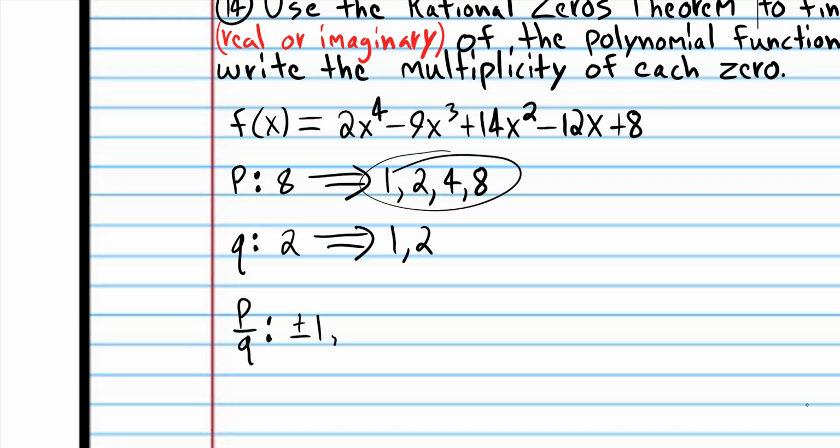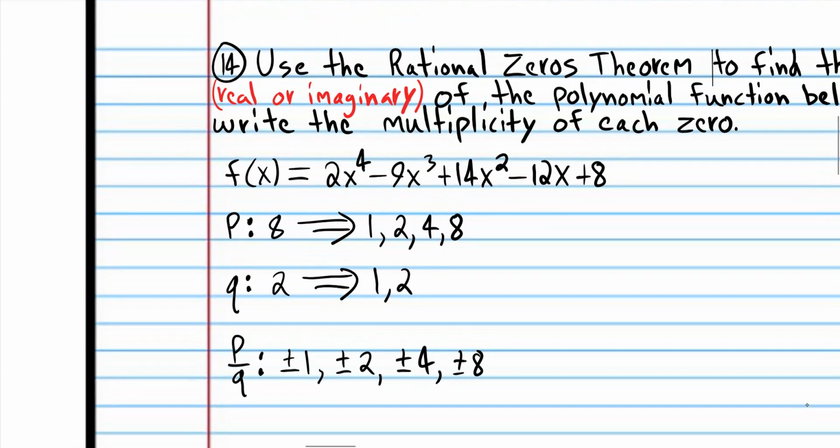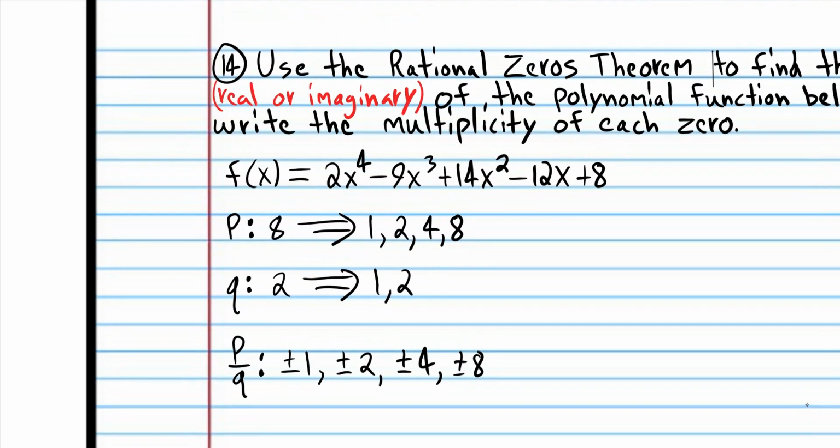So we get plus or minus 1, plus or minus 2, plus or minus 4, plus or minus 8. Now let's take those same numbers and divide by 2. So then we obviously get plus or minus 1/2.